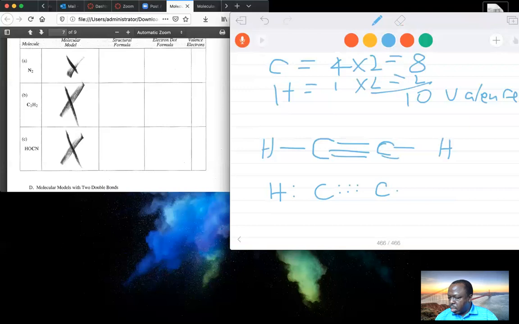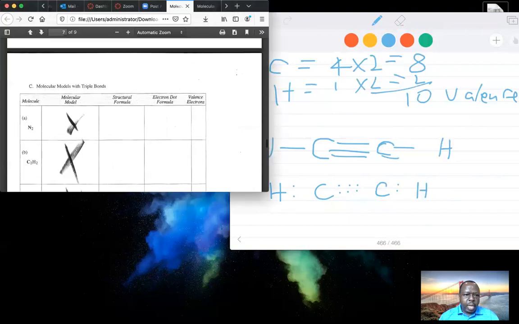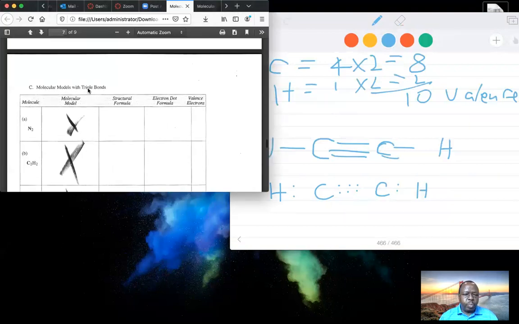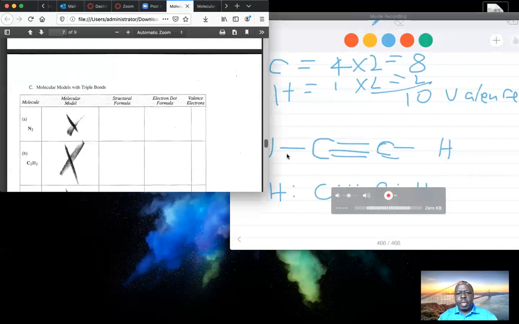And this is the dot formula for B, and this is the structural formula for molecule B, acetylene. So that's how you will work. Make sure you have a triple bond. You are given information right here that you must have a triple bond somewhere. And do the inspection.